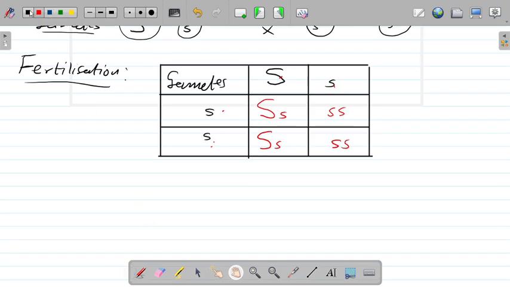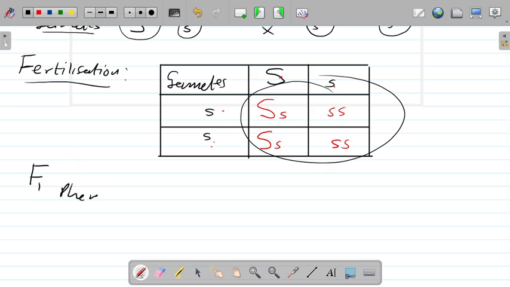Then after that, now that we have our offspring, we can write the first filial generation, such that we have our phenotype and genotype. Good.